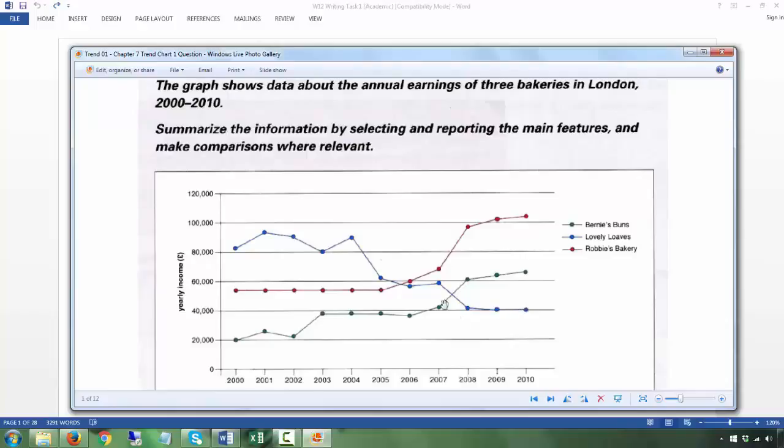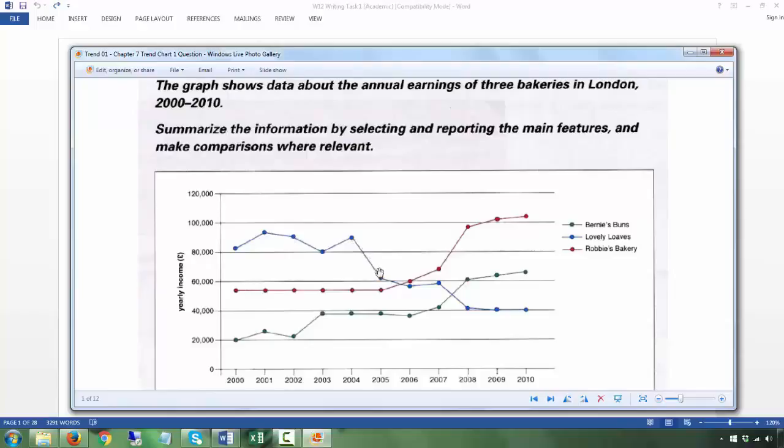Because if you look at this, it's kind of like a dramatic fall, isn't it? Within 1 year, how many thousand pounds did it fall by? Say 90 to 60, that's about 30,000 pounds falling within just 1 year. And within 1 year, it just increased by about 10,000, then it decreased just a small amount.